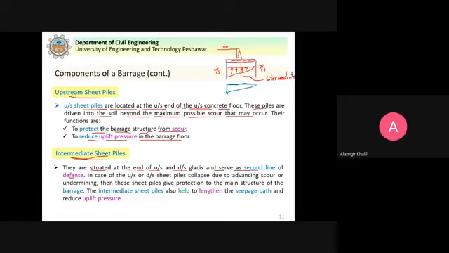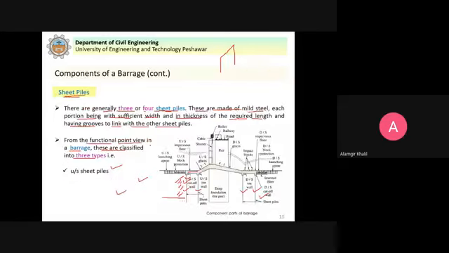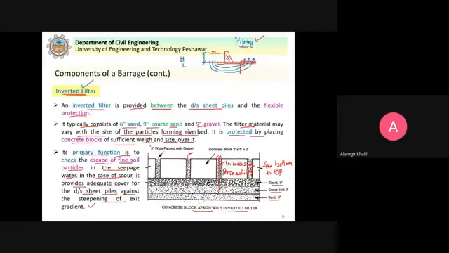They serve as a second line of defense in case the upstream or downstream sheet piles collapse due to advancing cover or undermining. Undermining is that piping that I already explained in the previous slide. This piping is also known as undermining.